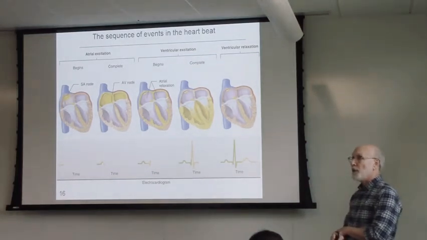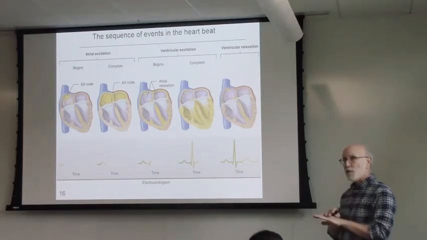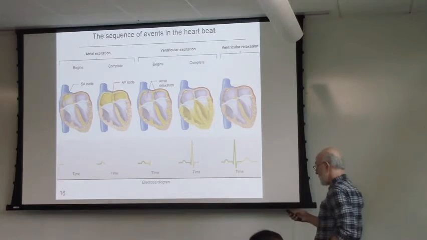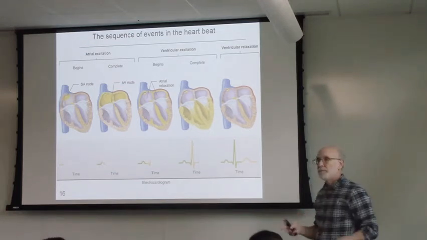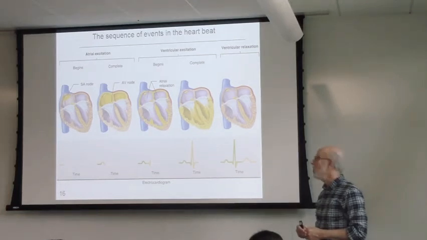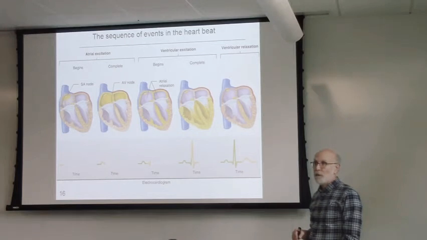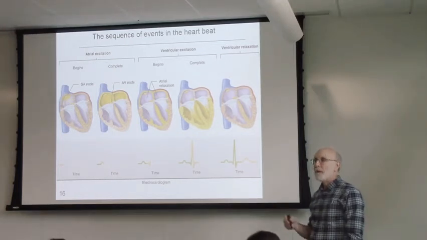None of the other cells in the heart normally are pacemakers. The atrial muscle has a negative resting membrane potential. The AV node, which also has a slow depolarization component, is too slow, normally. It's a backup pacemaker.